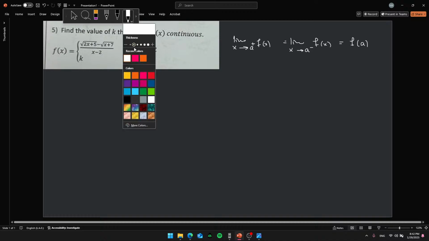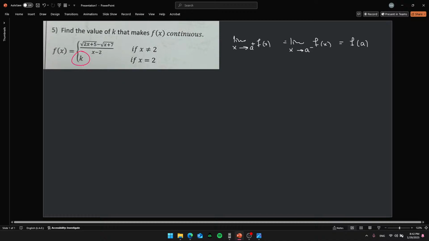So we have here f of a, which is k, and we have the number 2, so we say f of 2 instead of f of a.